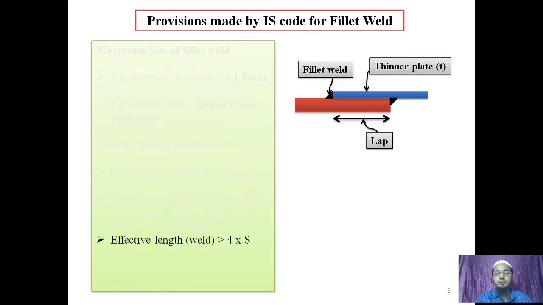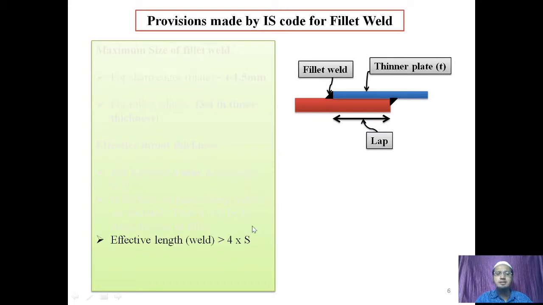Got it? Now what about the effective length of weld? The effective length of weld should not be less than 4 times the size of fillet we have provided. This length may be calculated as less than our minimum requirement. Why is it so? Sometimes the strength of the member is very high compared to the load coming on it.